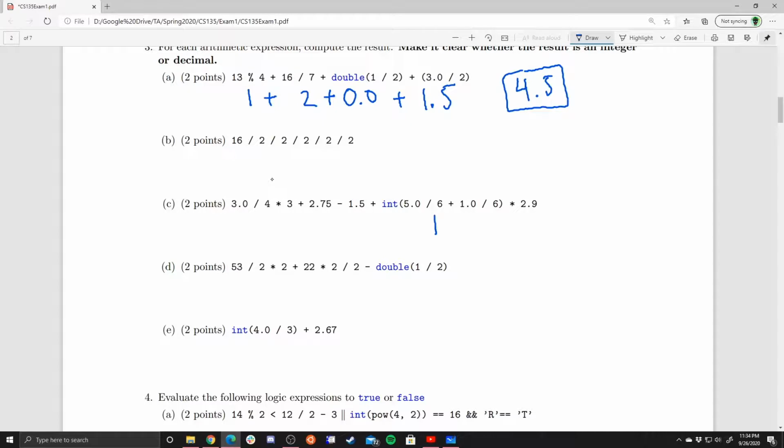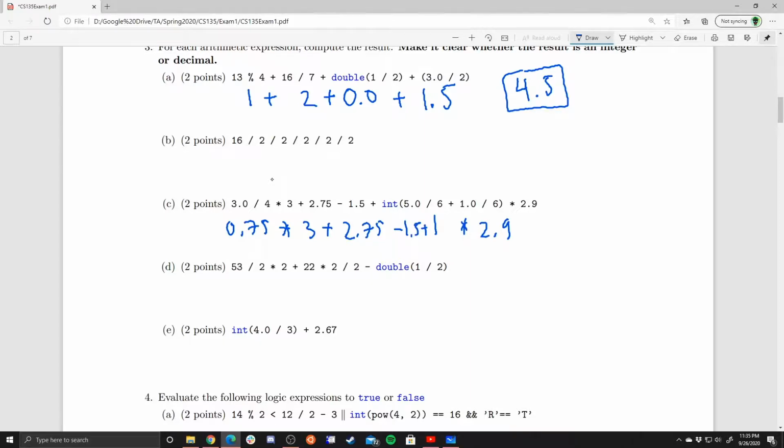So you have a 1 basically, multiplied by 2.9. And then in this case now, the highest precedence will be a division right here, and then multiplication at the end like that. So this is going to give us basically 0.75, multiplied by 3 plus 2.75 minus 1.5 plus that.